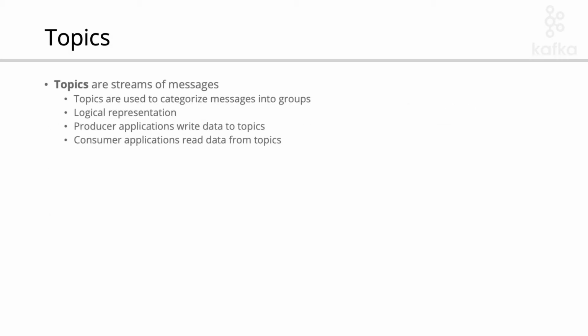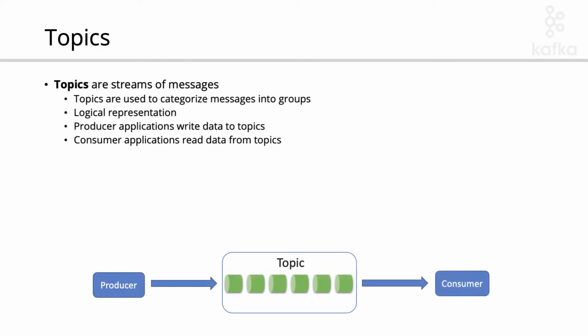Inside the Kafka cluster, messages are organized into topics. Topics are named queues, named pipes of messages. There is an analogy to database tables, but remember that Kafka is not a relational database. So Kafka uses topics to organize and categorize messages into ordered groups.